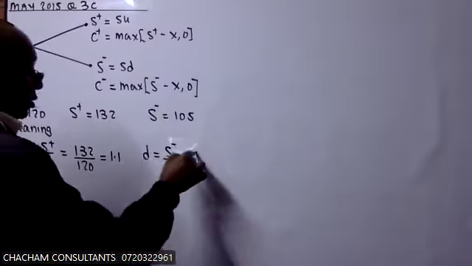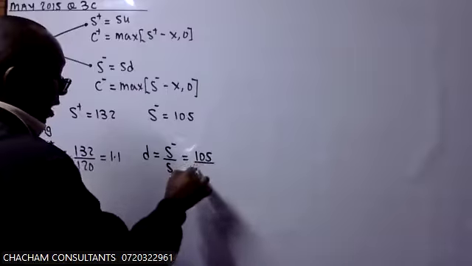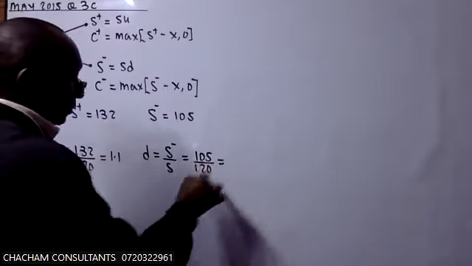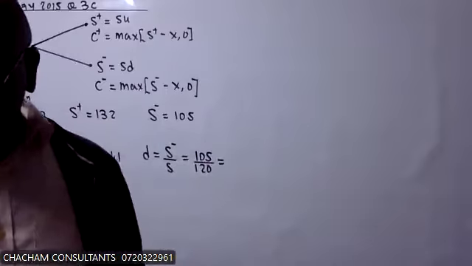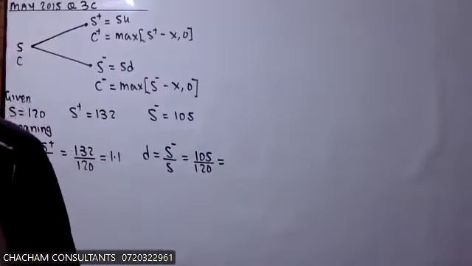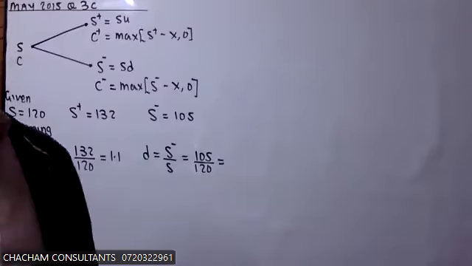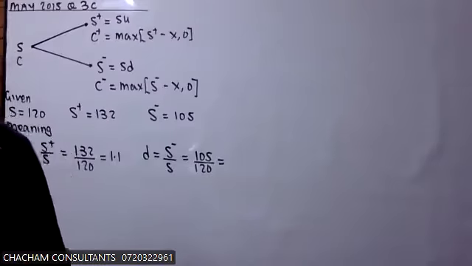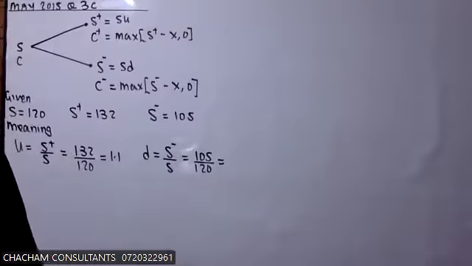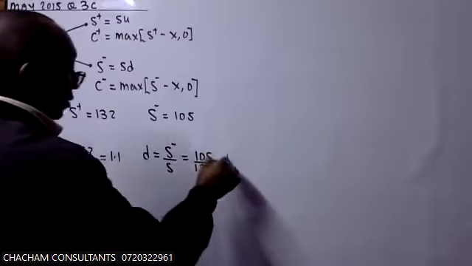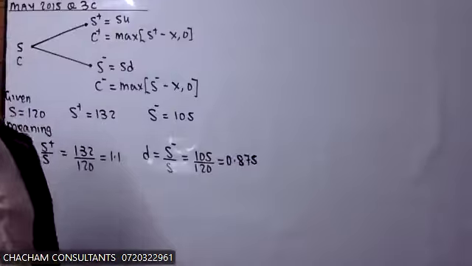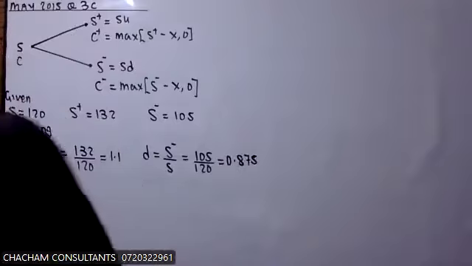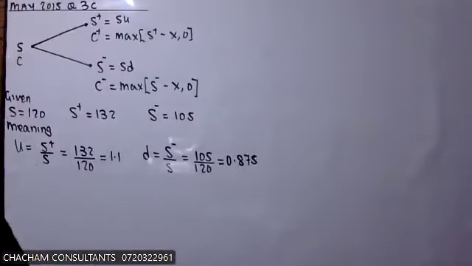So S down is 105, S current is 120. That gives 0.875. So D is 0.875.